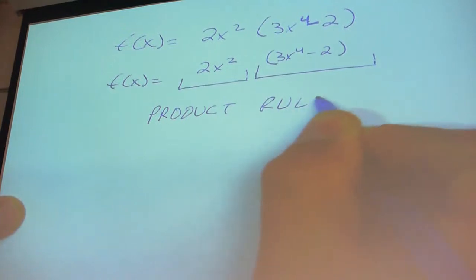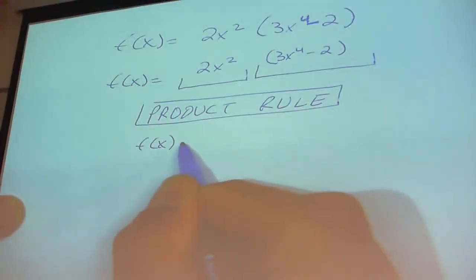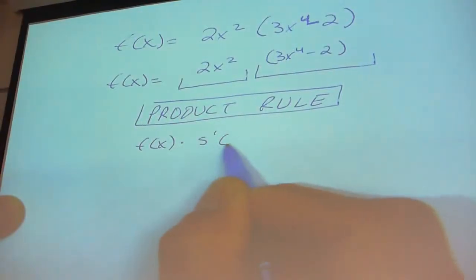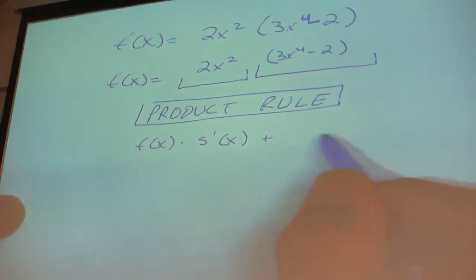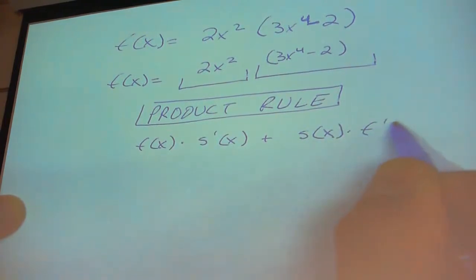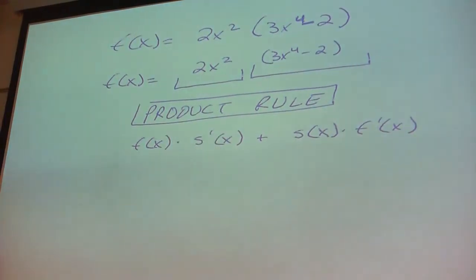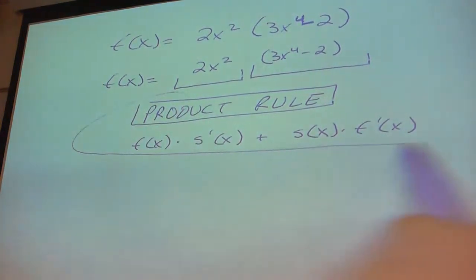And the product rule says leave the first one alone times the derivative of the second one plus leave the second one alone times the derivative of the first one. Okay? So this is the product rule.